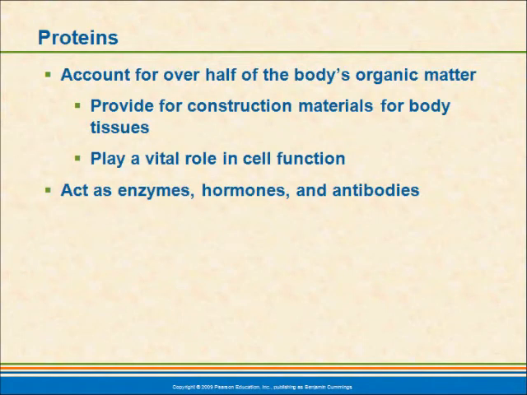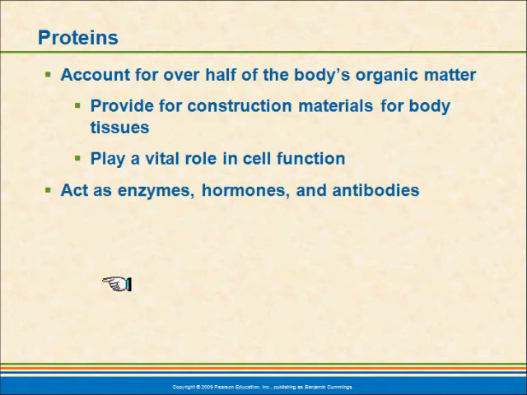Proteins are a significant part of our body's organic matter. It's the same thing with microorganisms. That is about half of the organic matter in any living organism, and it provides construction materials for tissues, for individual cells that play a vital role in cell functions.